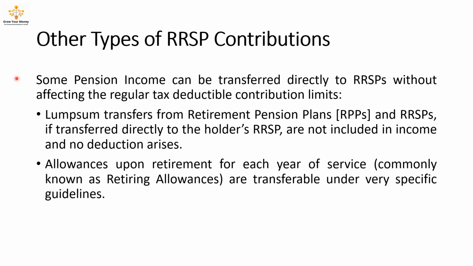Lump sum transfers from retirement pension plans, RPPs, and RRSPs, if transferred directly to the holder's RRSP, are not included in income and no deduction arises. Also, allowances upon retirement for each year of service, commonly known as retiring allowances, are transferable under very specific guidelines.